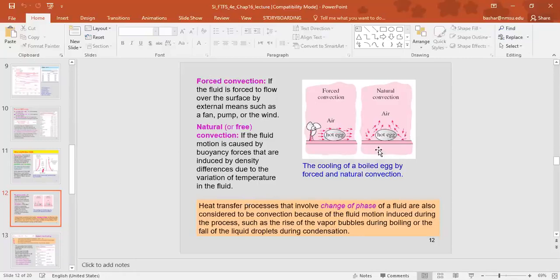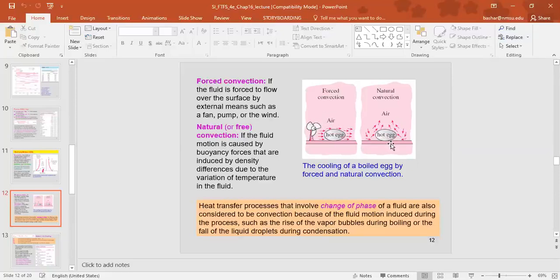gradient. To explain forced convection, assume this is a hot egg and we want to cool it down, so we turn on a small fan on it to increase the heat transfer rate from the hot egg to the adjacent moving air.